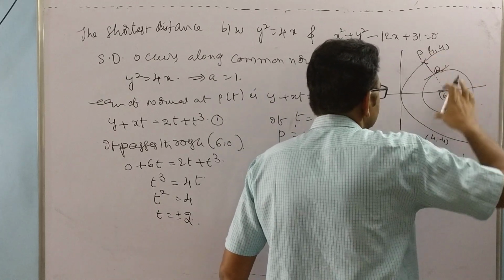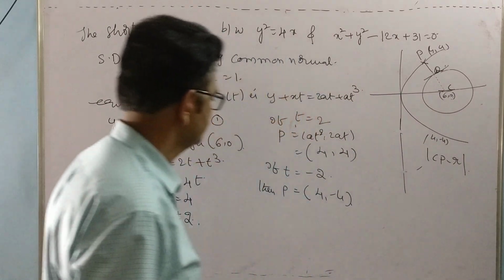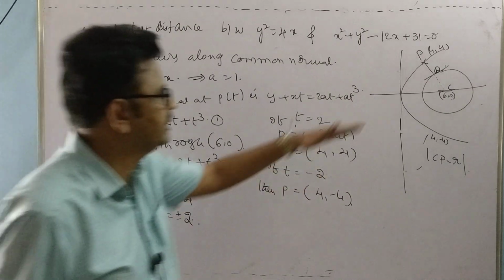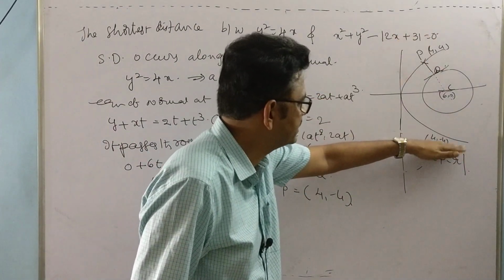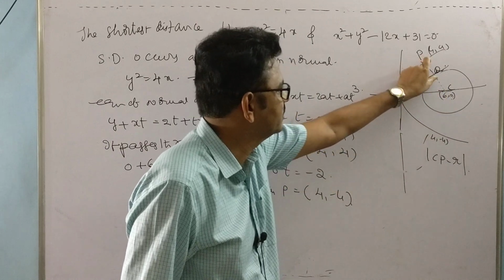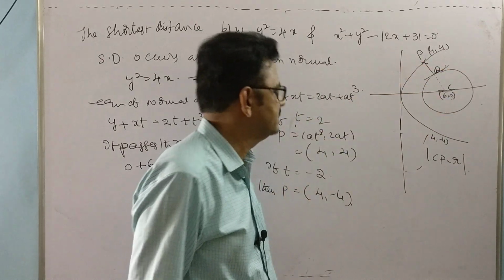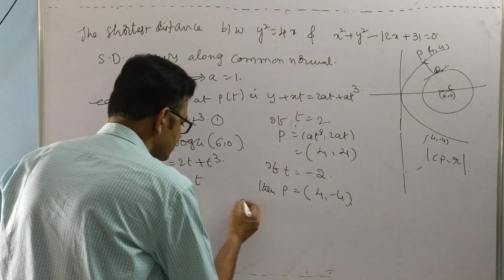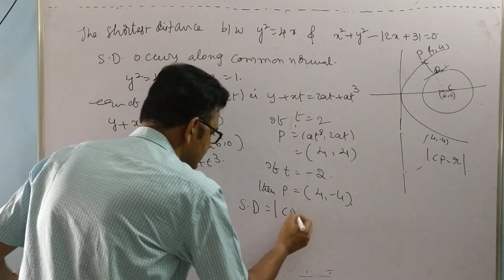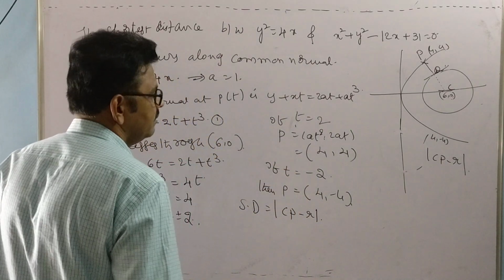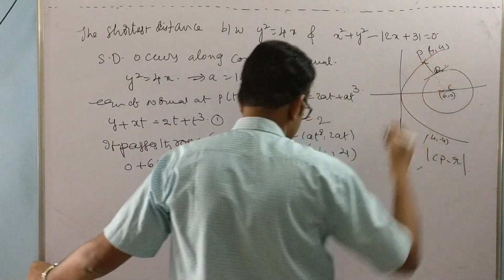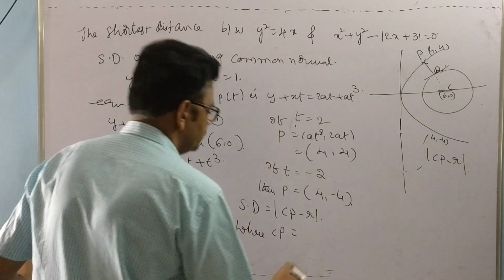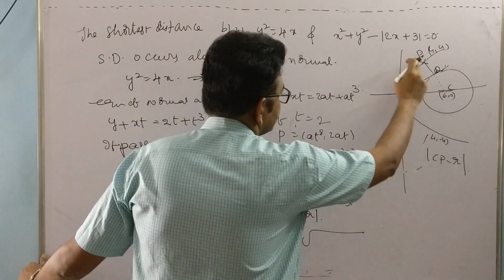Both are at the same distance. You can take any one point, because both points are symmetric, (4, 4) and (4, minus 4), and the center lies on the x-axis. Therefore this distance is also equal to this distance. So shortest distance equals mod of CP minus R, where C is the center (6, 0). CP is the distance between the points, root of (x2 minus x1) whole square plus (y2 minus y1) whole square.